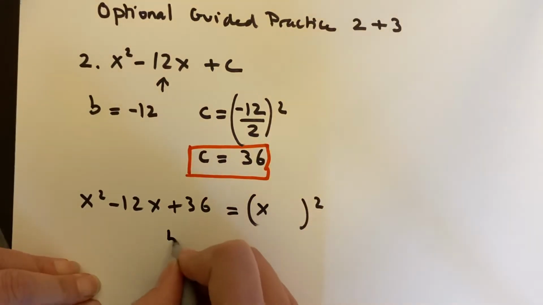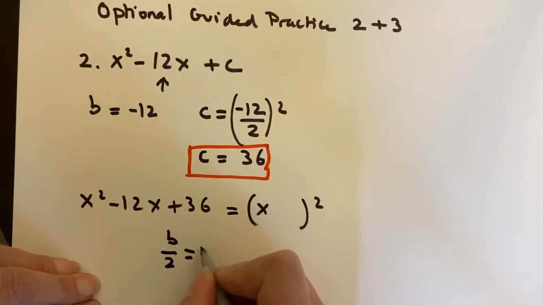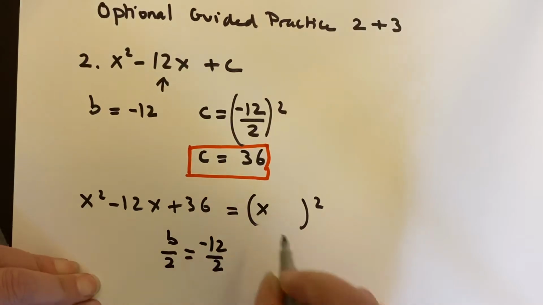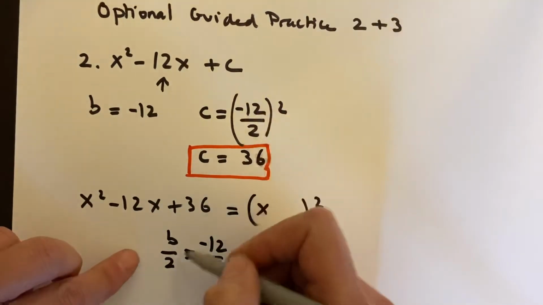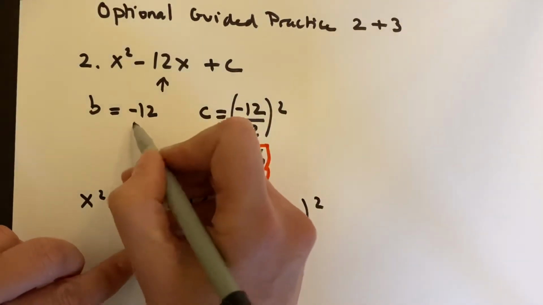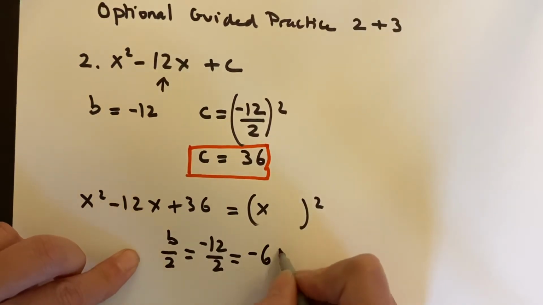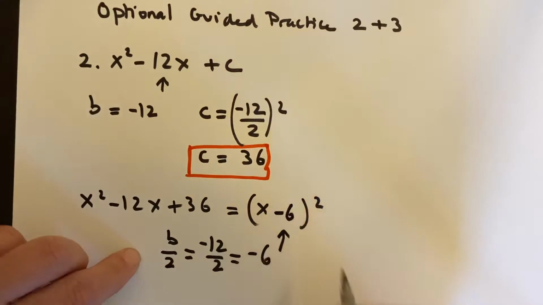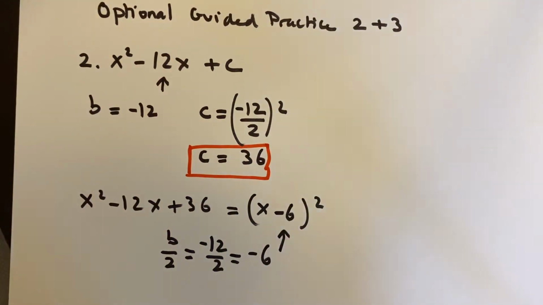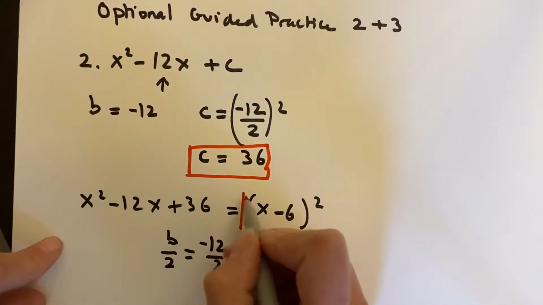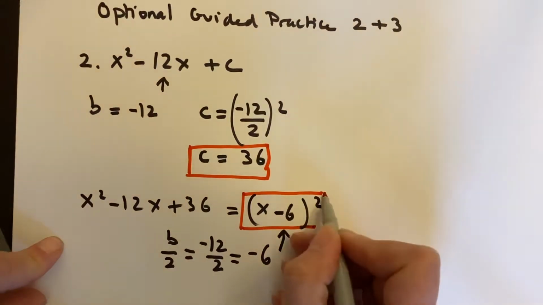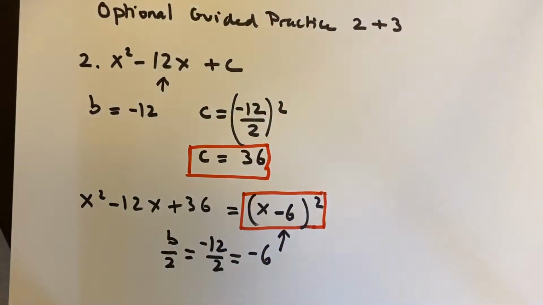And I know that b over 2 is negative 12 over 2 from up here. So I know that value is negative 6. So I put minus 6 squared. So my second answer is going to be x minus 6 squared. And that helps with guided practice number 2.